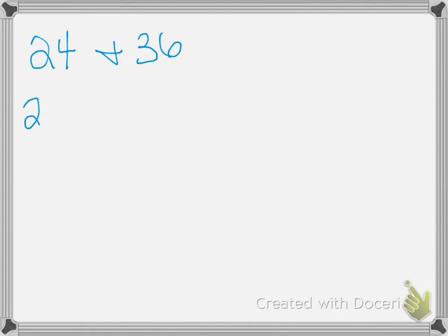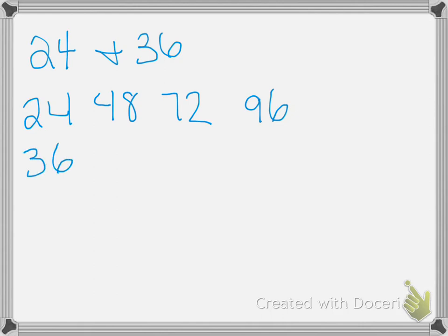So we have 24, 48, 72, and then 96, and then you have 36, 72, and that's as many as you can do before you pass 100.